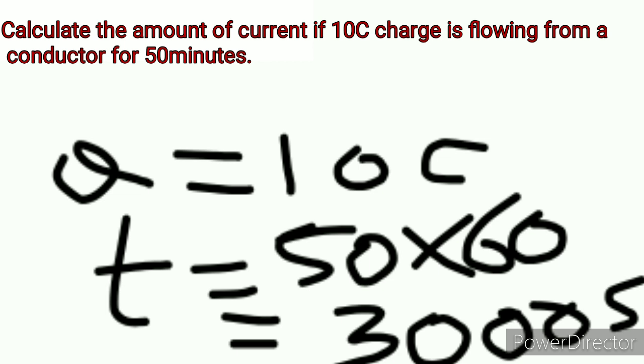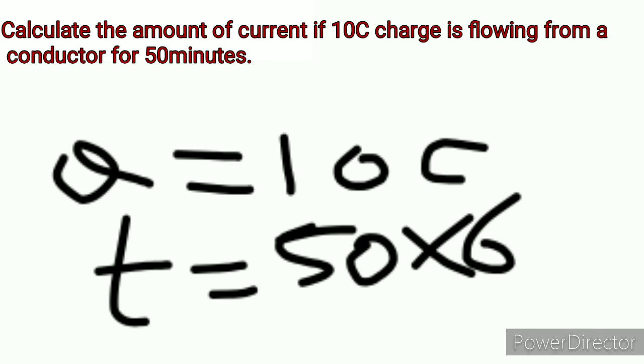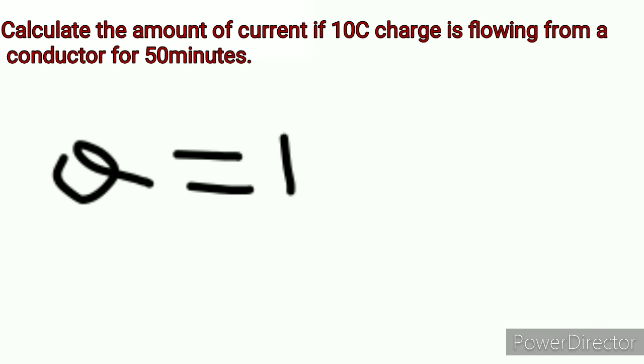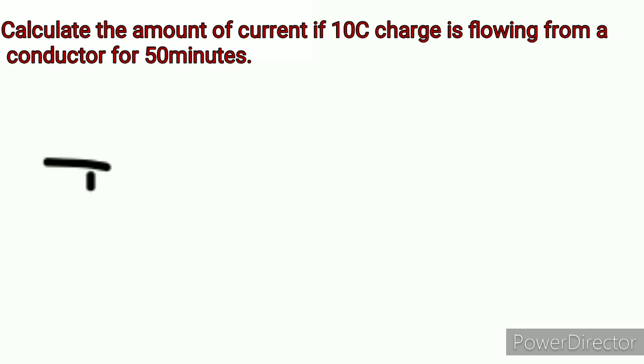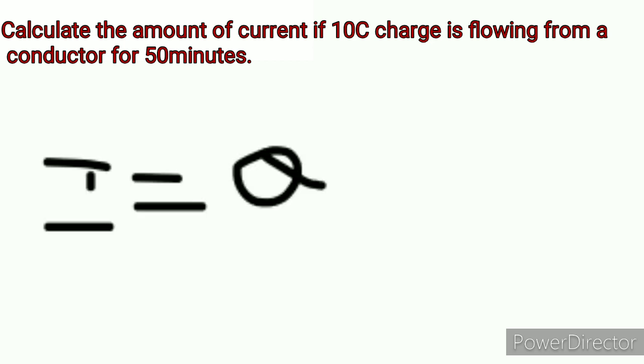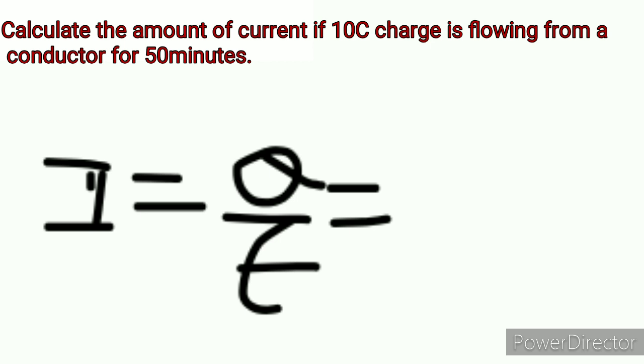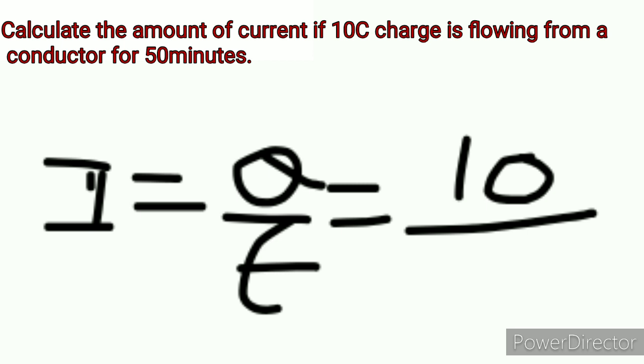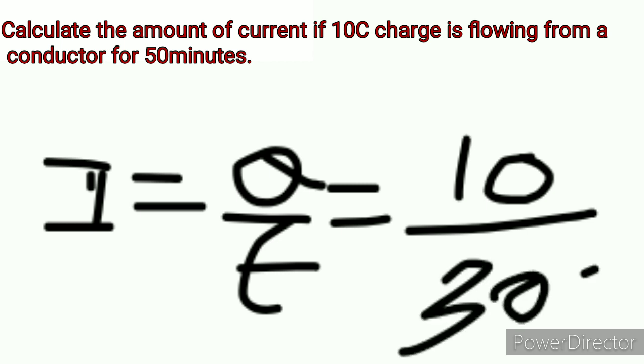We have to find the current, capital I. For that we apply the formula I equals Q upon T. The charge is 10 and the time is 3000.